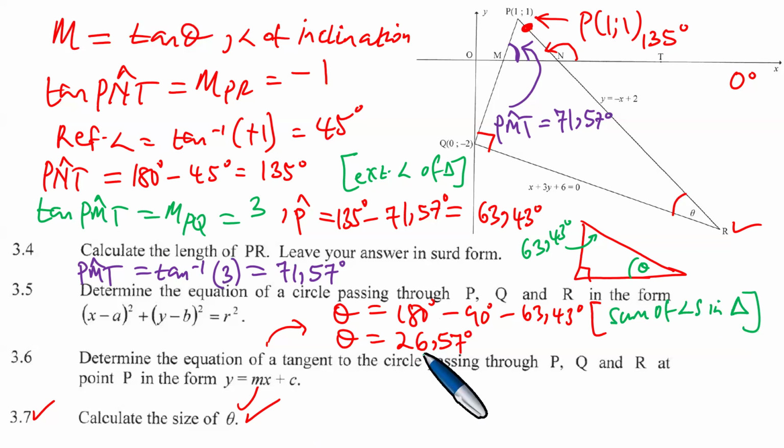The angle theta is actually 26,57 degrees. This is what the examiner asked us to do here, and we're able to state up front that the angle theta, Miss Examiner, is actually 26,57 degrees.